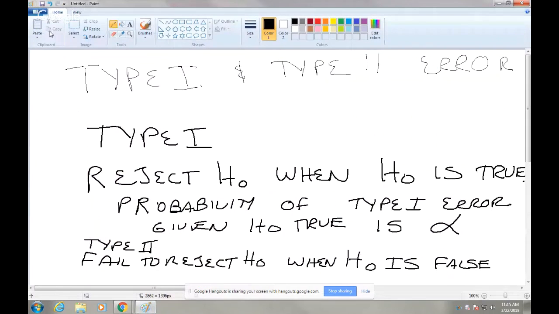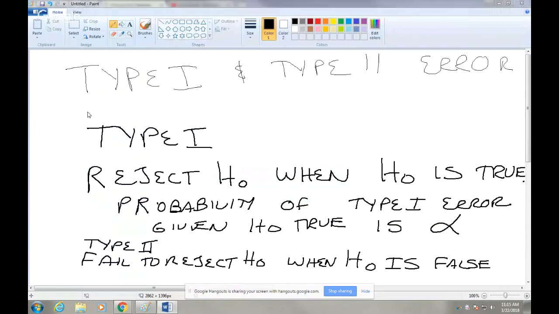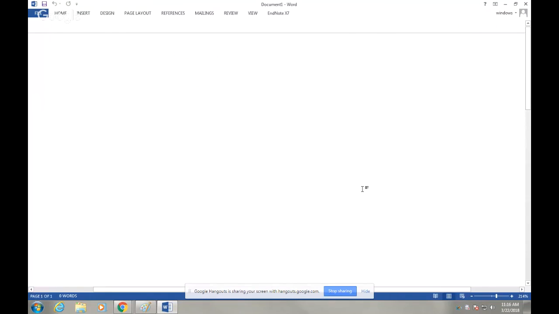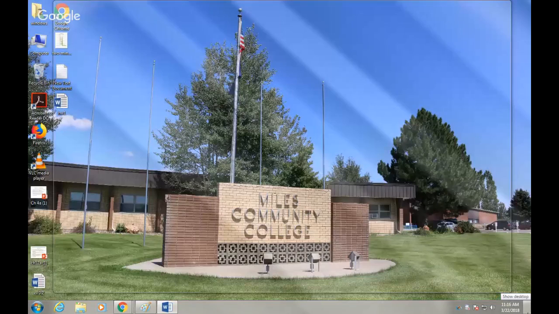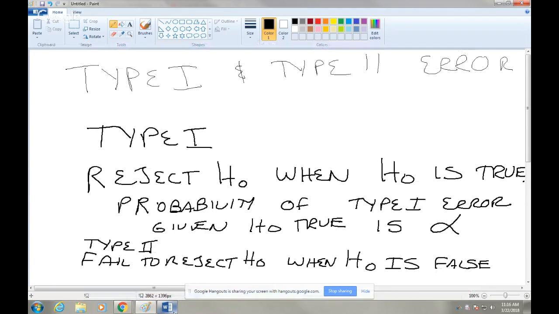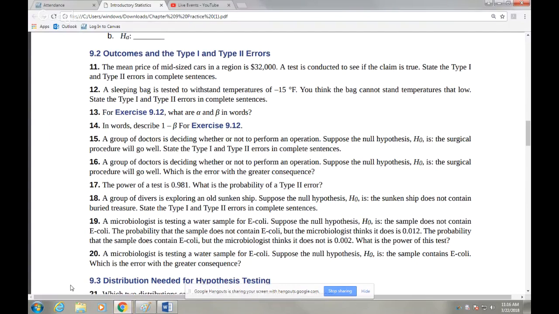So our null hypothesis in that case is that the mean price of cars is 32,000.